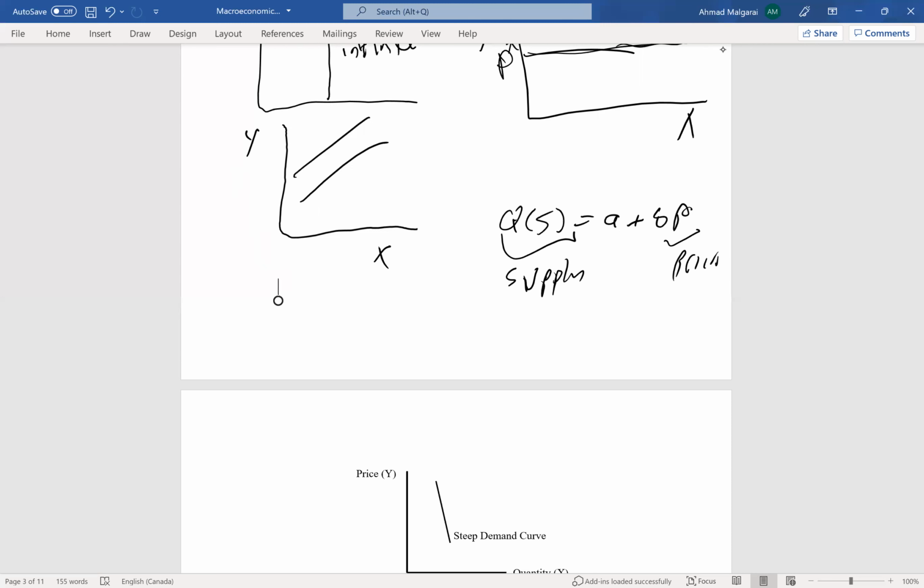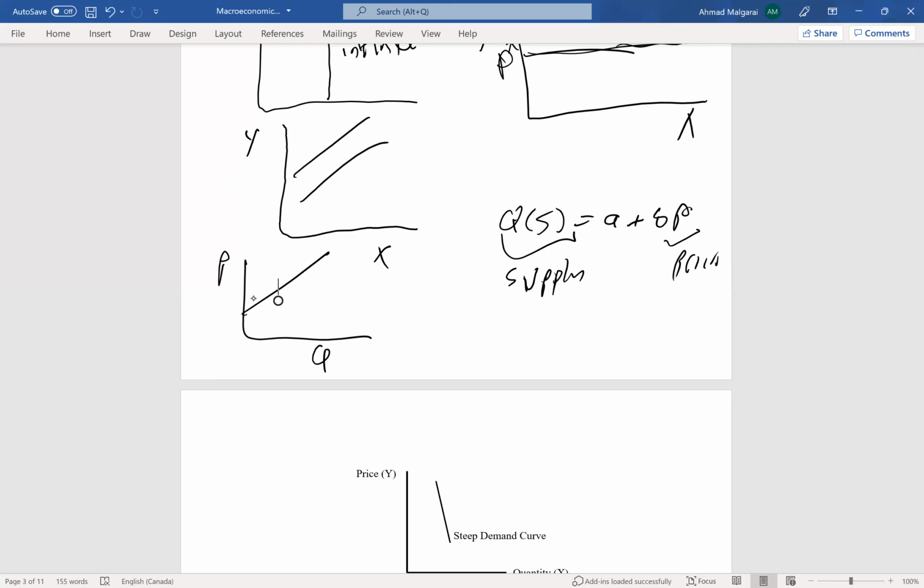Economists might consider how sensitive supply is to changes in prices. Again, we can use a graph with price and quantity, and if that's the slope, then this is a typical upward sloping supply curve, which says that supply rises as price rises. So as price goes up, supply will go up as well. There's a positive relationship.